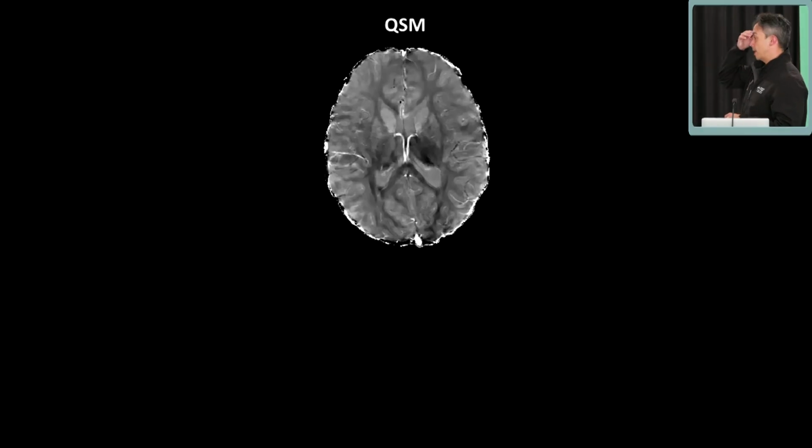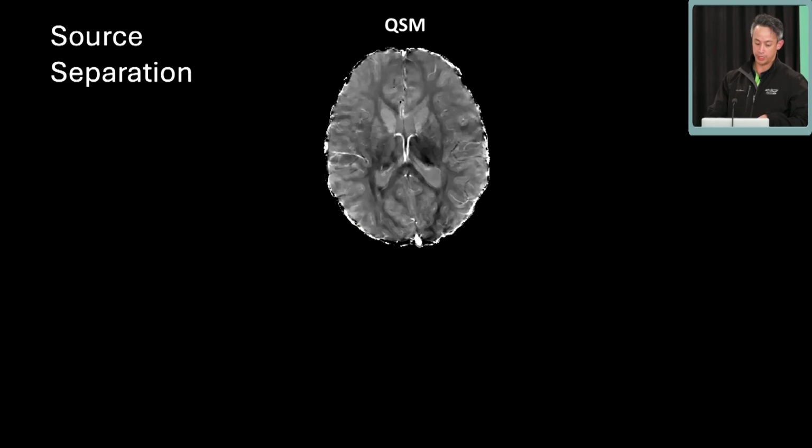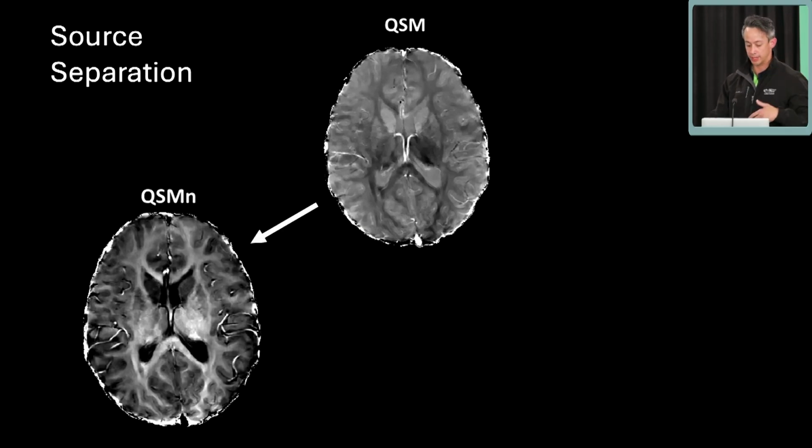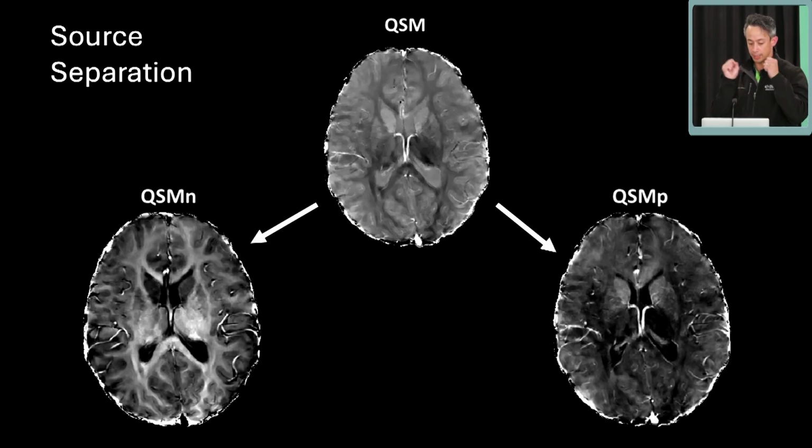So QSM is the map of how susceptible all these little molecules are to the magnetic field. And you can separate it out into its component parts. So this is what we call source separation. You can separate it out between the molecules that are negatively susceptible, myelin, and the ones that are positively susceptible, what we think is iron.